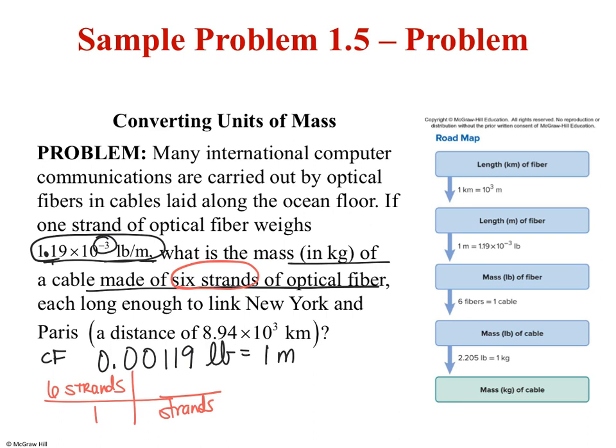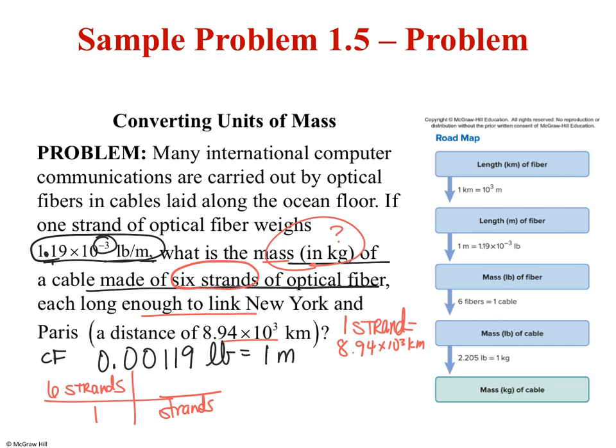So they're telling me how long each, what is the mass? Okay, so the question is mass. We want kilograms of a cable made of 6 strands of optical fiber. Each strand is long enough to link New York, Paris. So each strand, we need to write a new conversion factor. 1 strand equals 8.94 times 10 to the third kilometer.